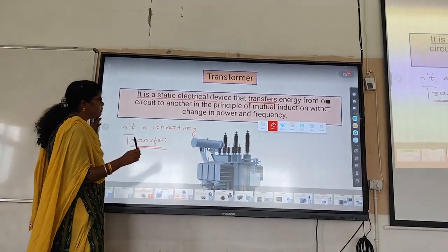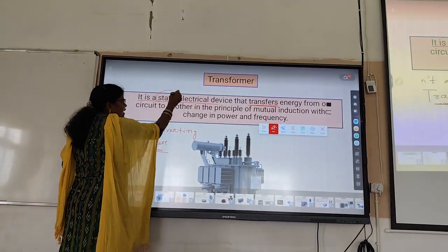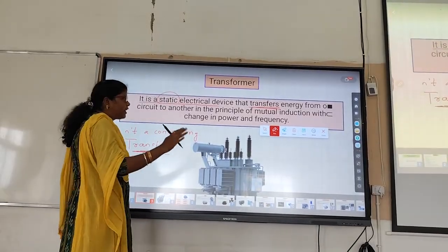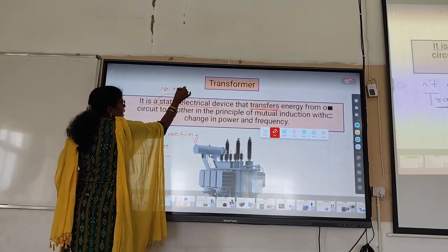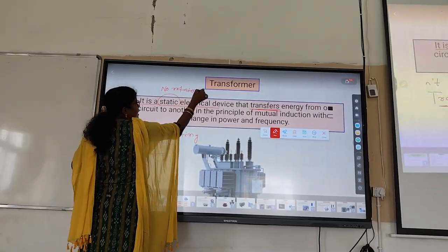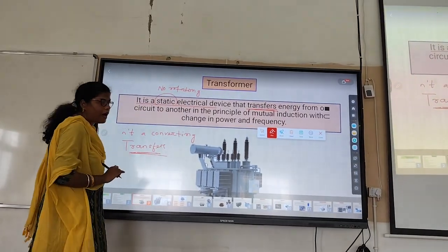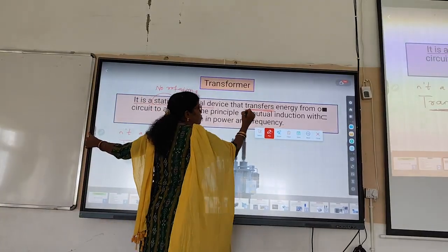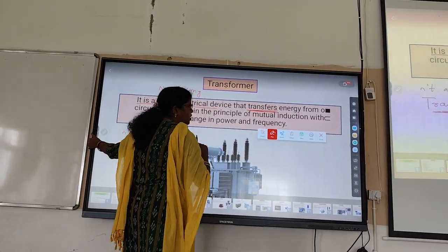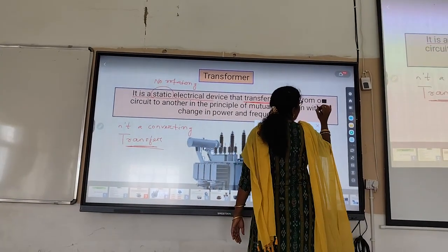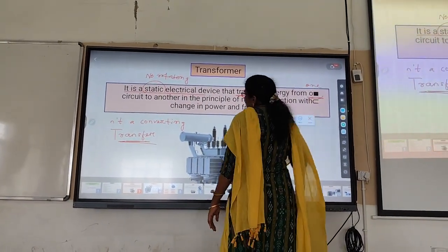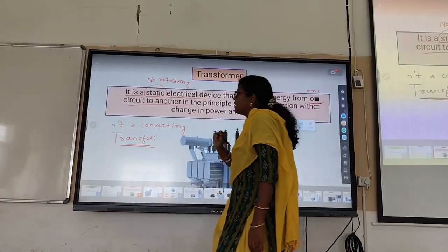So you should remember it is static. Okay, there is no rotating part. Static means no rotating part, and it is used to transfer electrical energy from one circuit to another circuit.